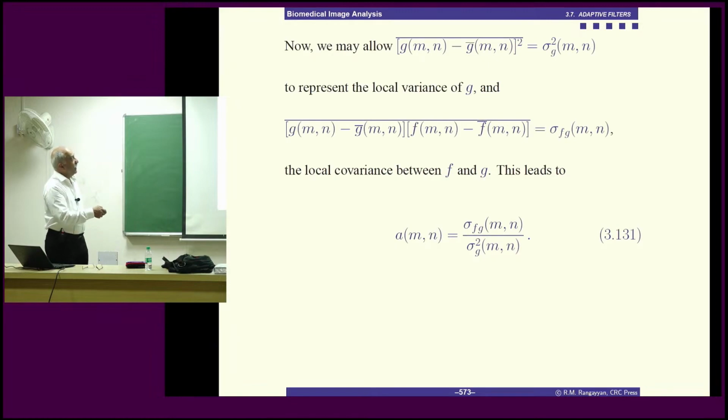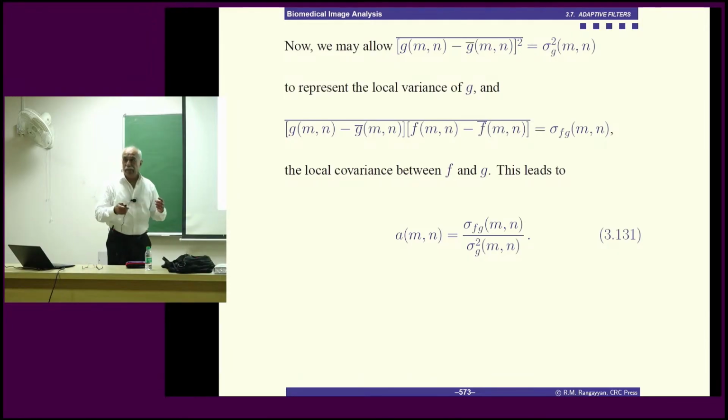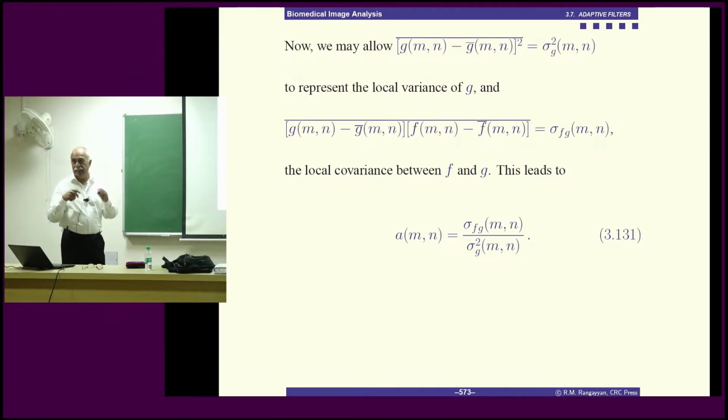So now to simplify it, you say, okay, G minus G bar. G bar is like a mean, mu. So the signal minus mean, squared, is variance, averaged. That is like expectation, let's say. So this is variance of G. G is the given signal, but at the local point, Mn.